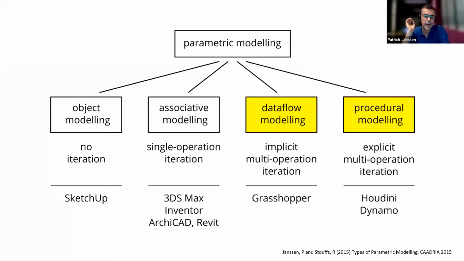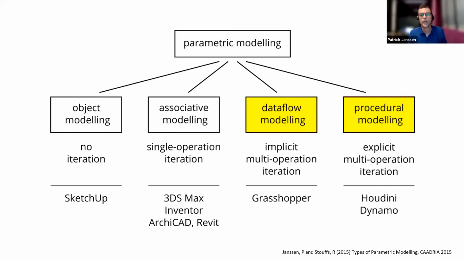The way that I wrote this paper with Rudi Stoofs, the way that we ended up doing it was looking at how parametric modeling supports iteration, with iteration being a key requirement in the modeling process.